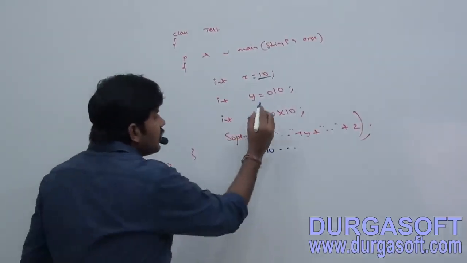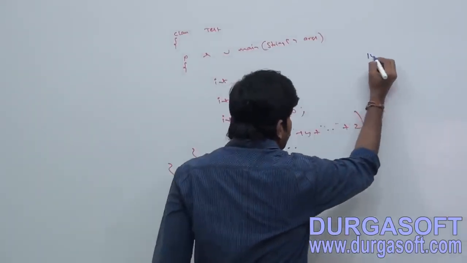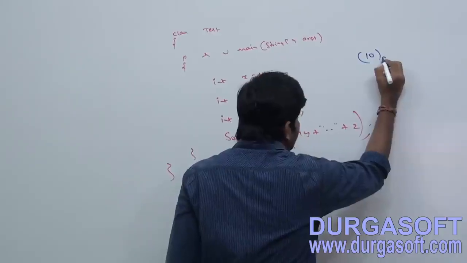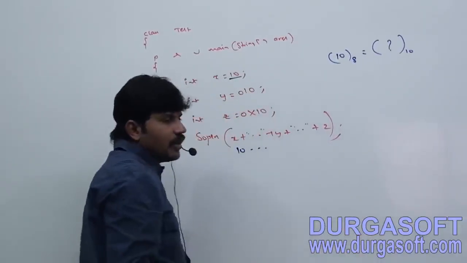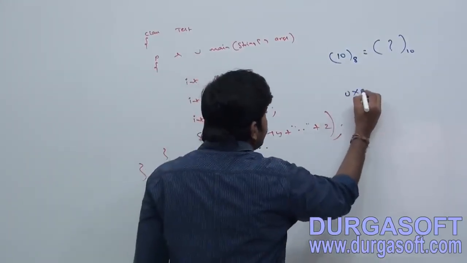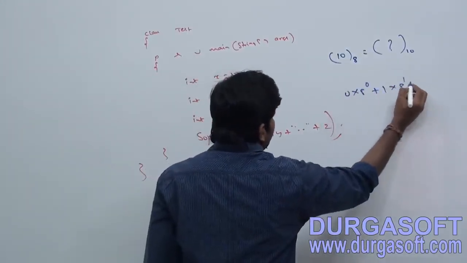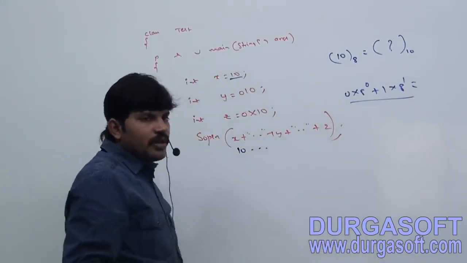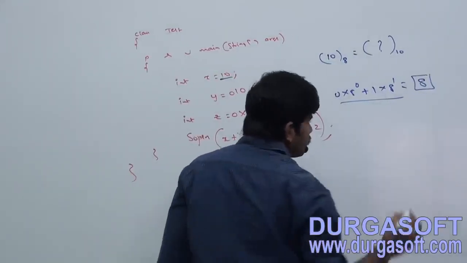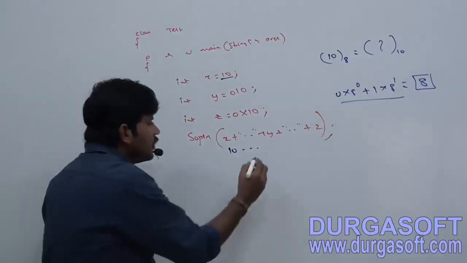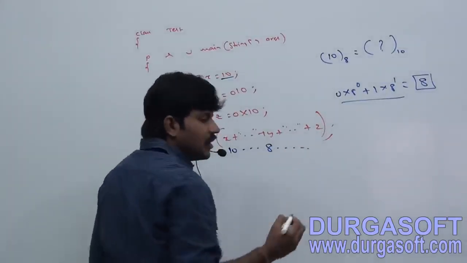Y is 010, octal value 10. Can you convert it into decimal? 0 into 8 power 0 plus 1 into 8 power 1. Its value is 8. Are you getting 8? That's why 8.